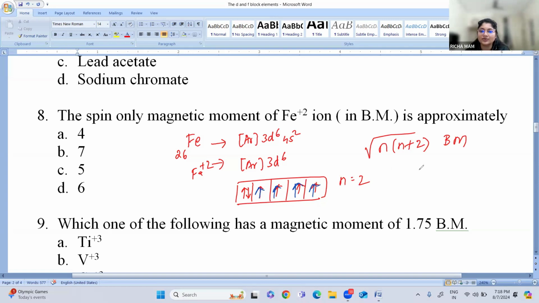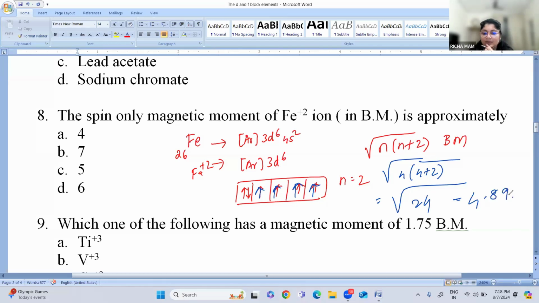So 4 into 4 plus 2. 4 plus 2 is 6, and 6 into 4 is 24. Now find out the square root of 24.